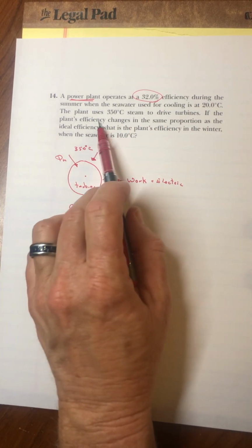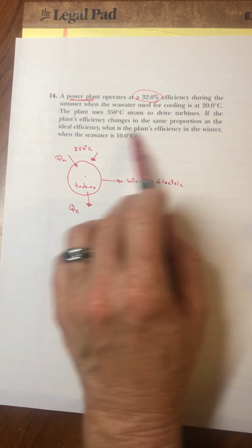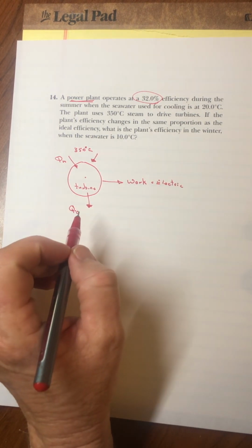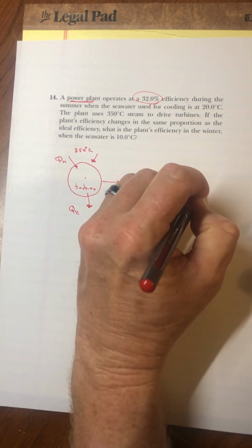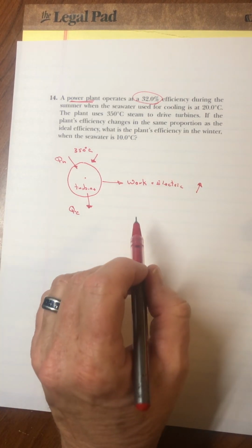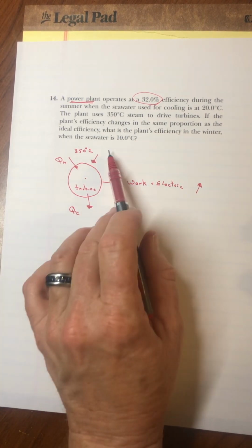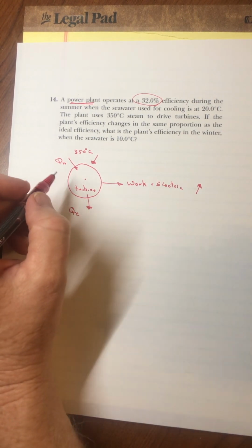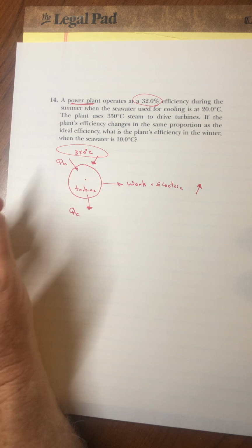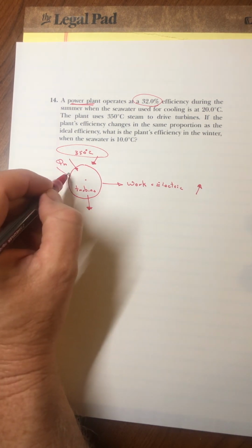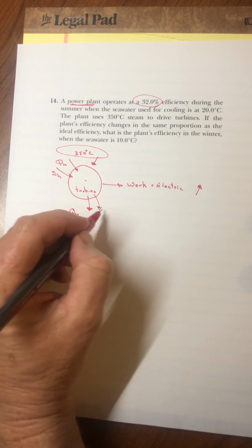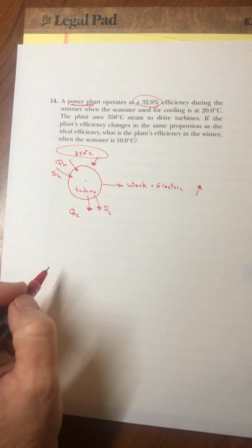If the plant efficiency changes in the same proportion as the ideal efficiency when the plant efficiency is in the winter, so they're going to then say that it goes up in efficiency because we have a colder temperature. And so maybe this is a good time to mention a little bit, again, maybe more about the entropy, but there would be some entropy coming in, and because of the entropy, we got to get the entropy out.